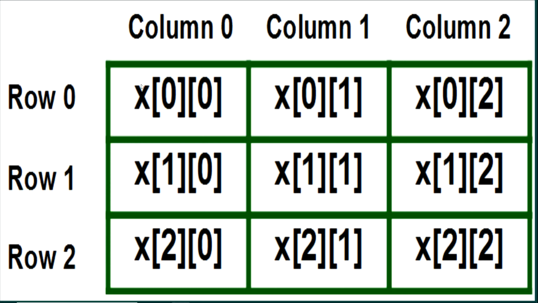This is the place where that element is stored. In a similar way, we can print out any element we want. The indexing starts from 0, that's why row 0, row 1, row 2, column 0, column 1, column 2. This one indicates the row and this indicates the column. So row 0 and column 0, the element is located here. Row 0 and column 1, the element is located here. And in a similar way, all the elements are located.